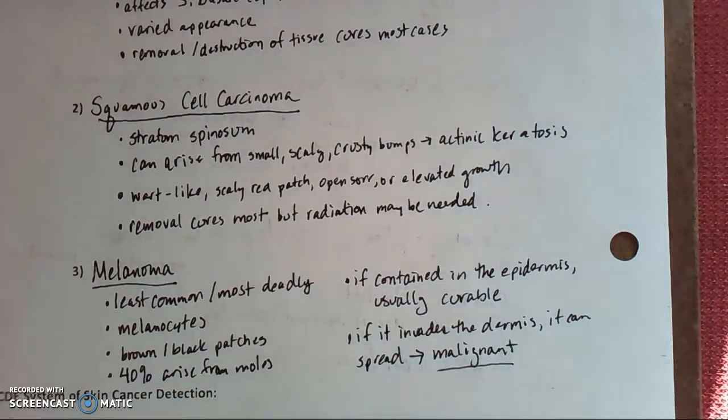And that's what the term malignant means, that it has spread to a different area. One of the most common places for melanoma, if it goes unchecked, is it can go to the brain and it can develop cancer in the brain, which is very, very bad.